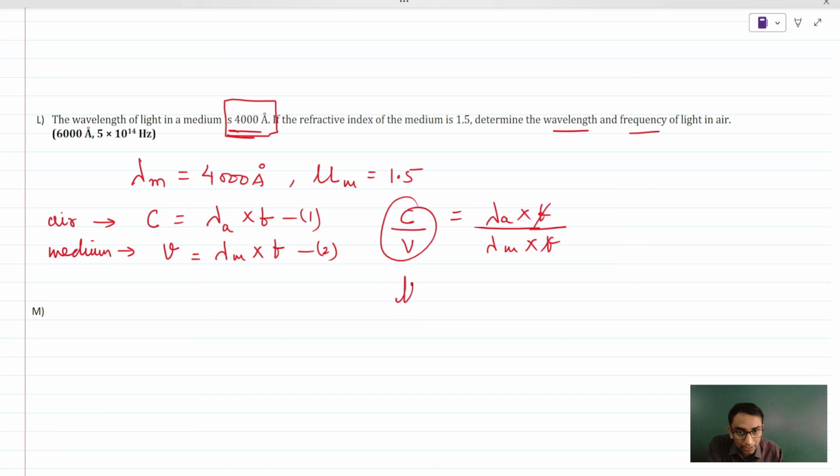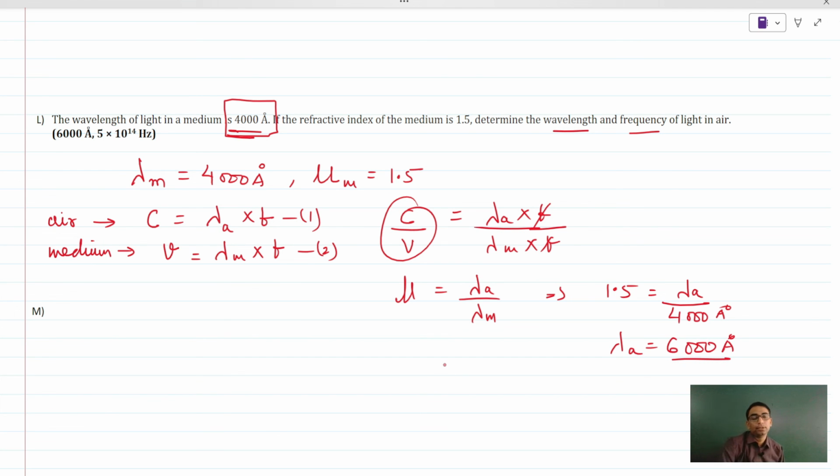This is the refractive index, that is lambda A upon lambda m, which is equal to 1.5, wavelength in the air we don't know, upon 4000 angstrom. So the wavelength in the air is simply these two multiplied, is the answer. The frequency in the air remains the same, whatsoever the frequency was, and let's calculate now.